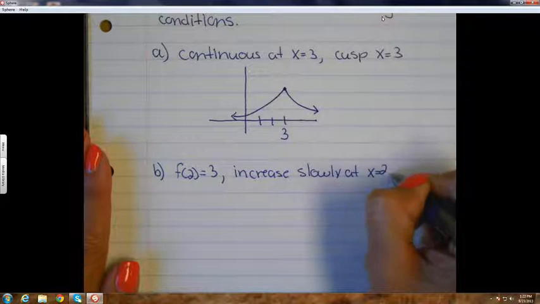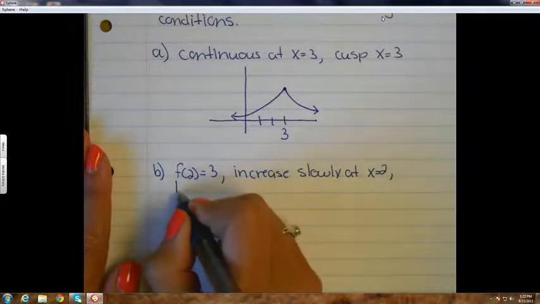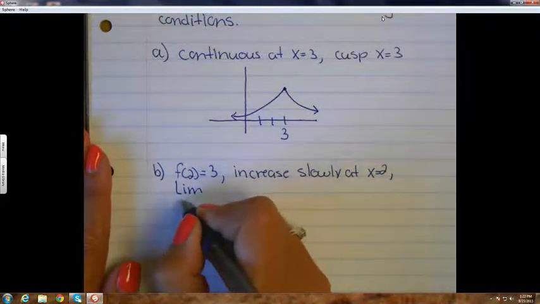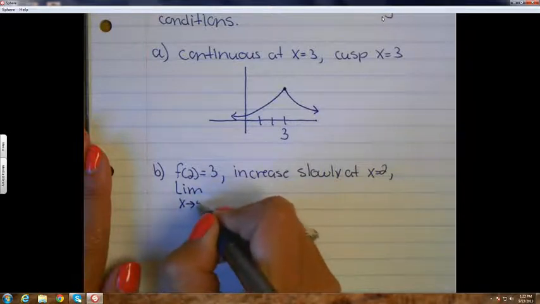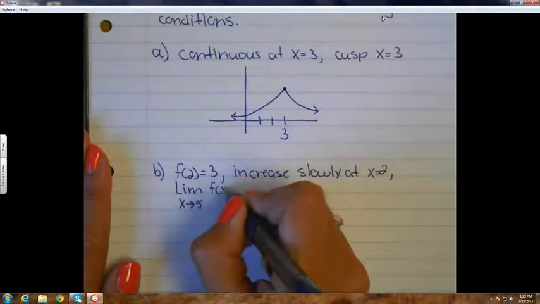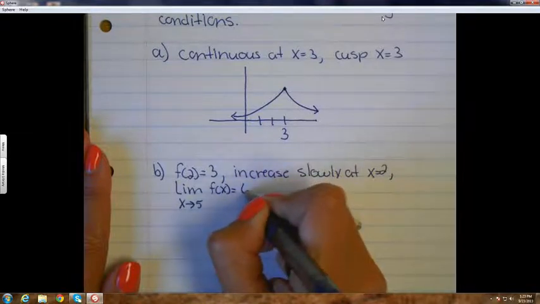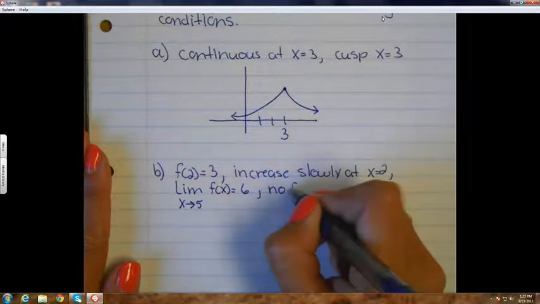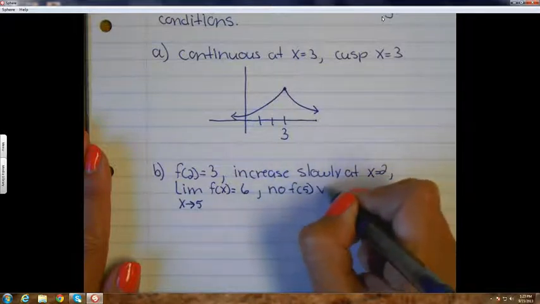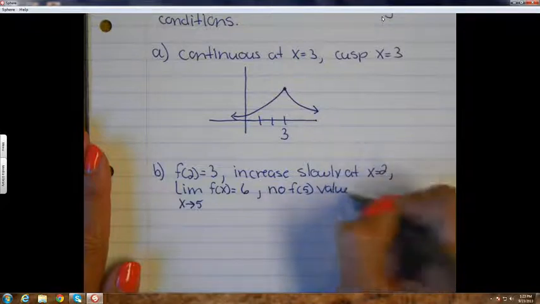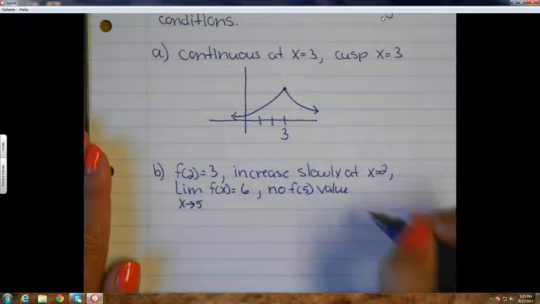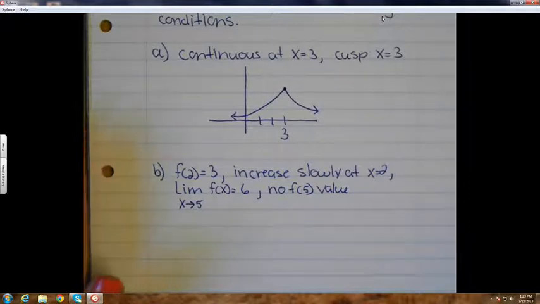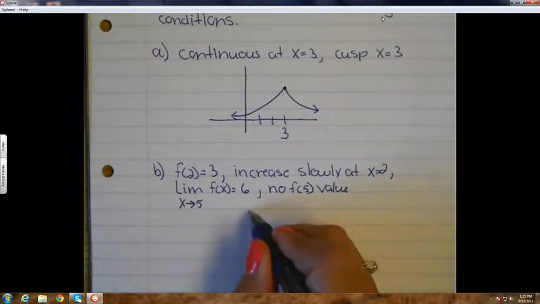The limit as x approaches 5 of your function is 6, but there is no f of 5 value. Oh, I skipped over another easy one in here. No, that's all right. So if you can get this one, this is as challenging as they get. There's a lot going on here. So let's take a look.